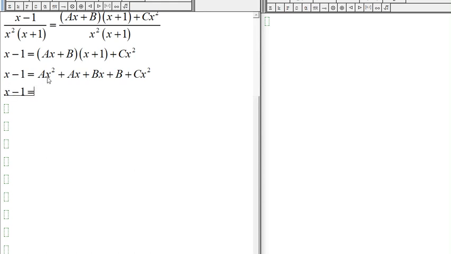And then what we want to do is gather all the terms with x squared together. So we have (A plus C) times x squared. And then gather the terms with x together, plus (A plus B) times x, and then plus B.